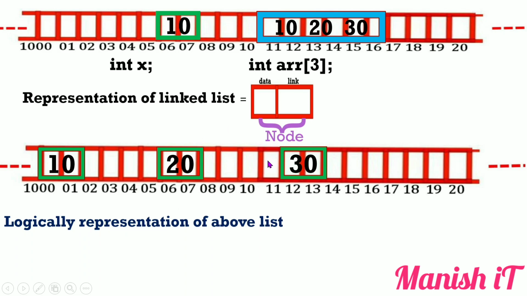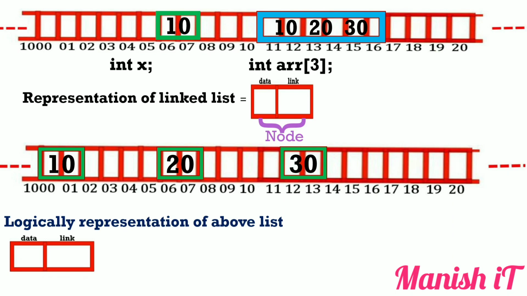Before answering this question, we have to implement all these values as a logical representation of a linked list using this node. See how it looks logically. I already told you that a node has two parts: one is the data part and the other is the link part, which stores the address of the next data part.